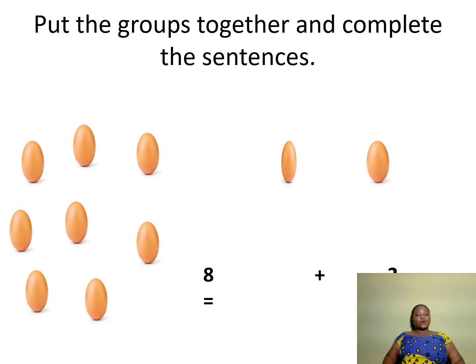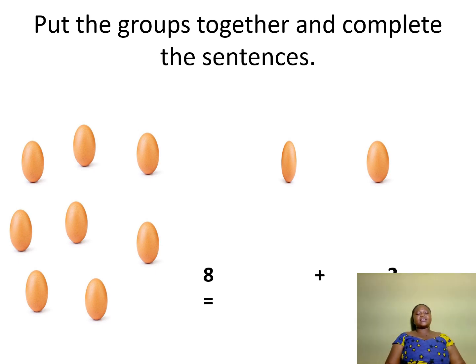Alright. So in the next question, you are going to put this together and complete the sentences. What do we have here? We have eggs, right? Yes. So we are going to put all these eggs together. Can we count? 1, 2, 3, 4, 5, 6, 7, and 8.